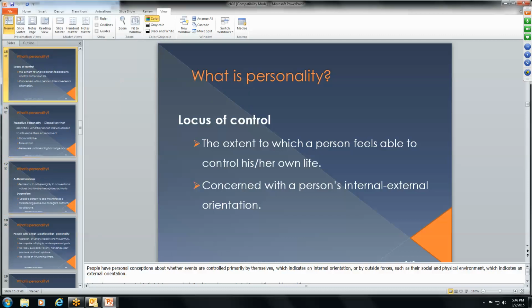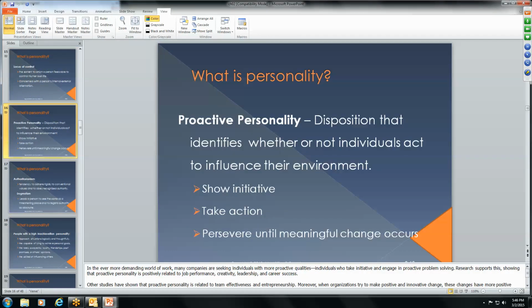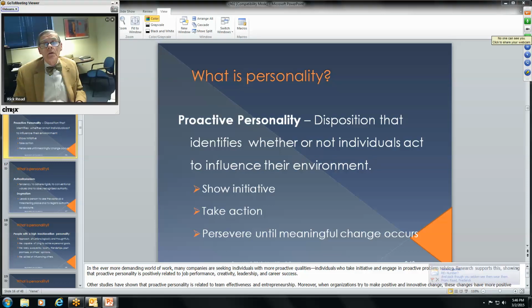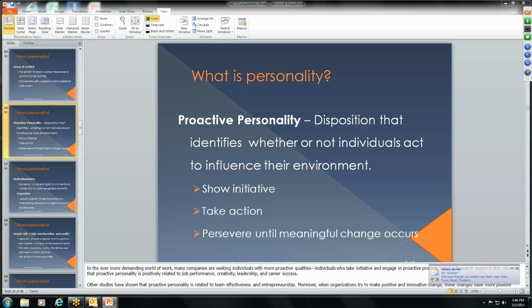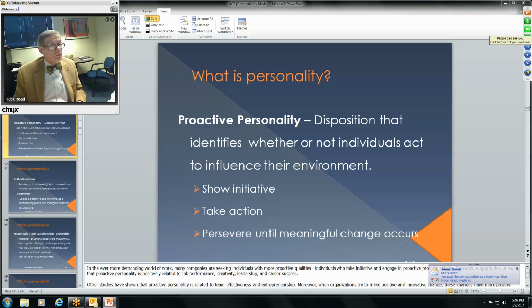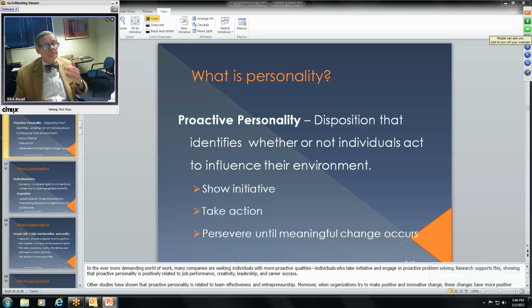Do we have a proactive personality? Notice what it says here: we're not followers. We get the change that we want. We take charge, and we continue with that taking charge until we get the results we're looking for.